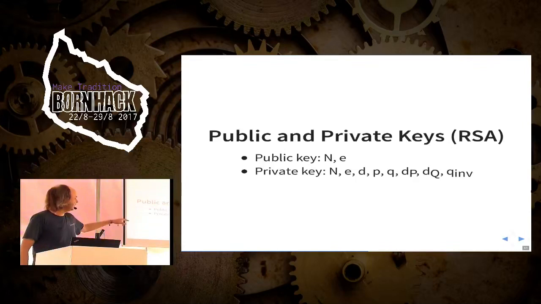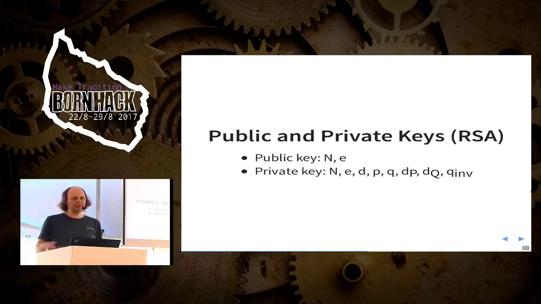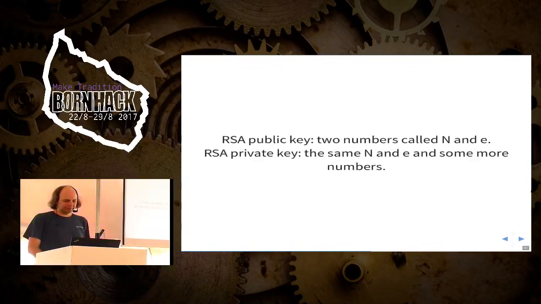That's mostly redundant, so if you have one of these numbers, you can usually calculate the others. But for performance reasons, they are all stored in the private key because that allows some optimizations. So in the end, an RSA public key is two numbers and an RSA private key is the same two numbers and some other numbers. That's all you need to know.